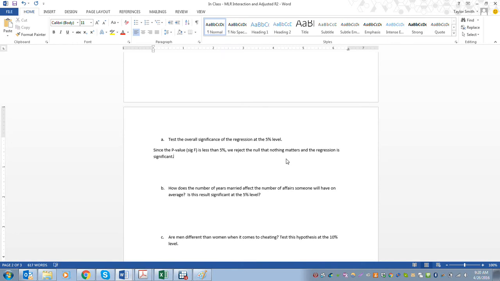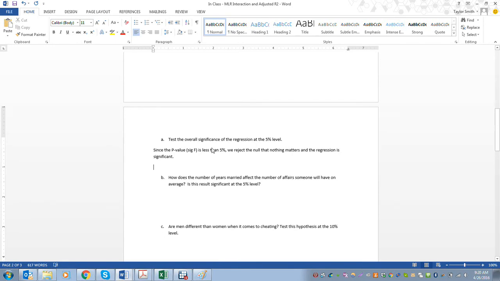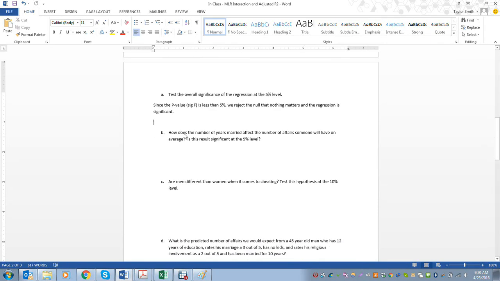So, very straightforward. The regression is significant because the p-value is less than 5%.